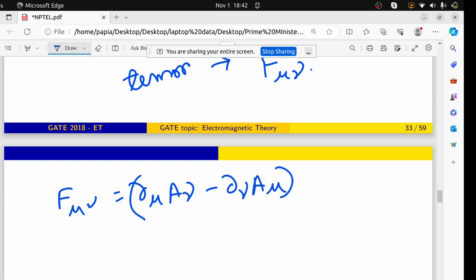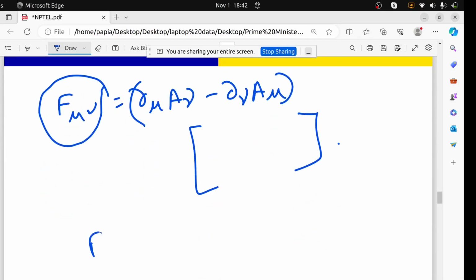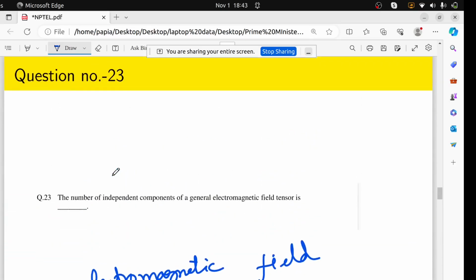And whenever you calculate F mu nu in matrix form, there will be a very big matrix, which is a function of E and B. Now you do the Lorentz transformation on that E and B, so that you get F mu nu prime, and so on. So the question is asking the number of independent components of a general electromagnetic field tensor. First of all, we are talking about F mu nu, the electromagnetic field tensor, right?